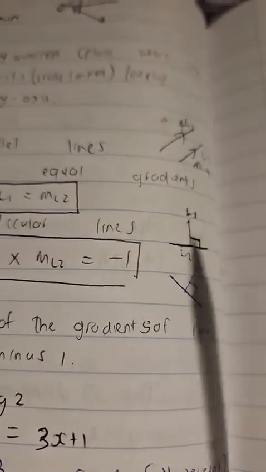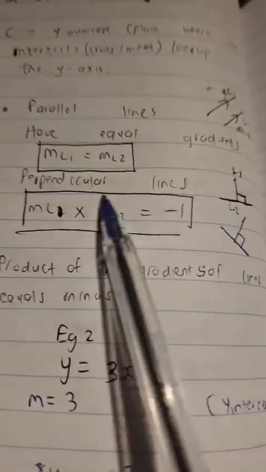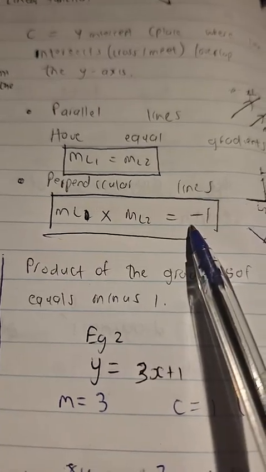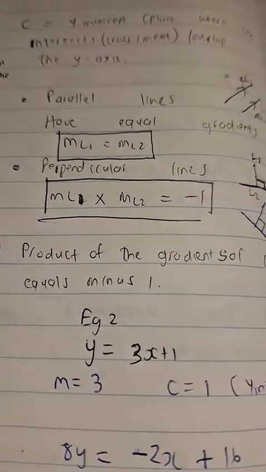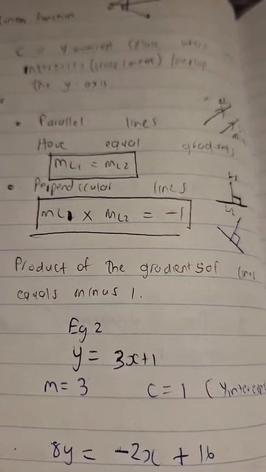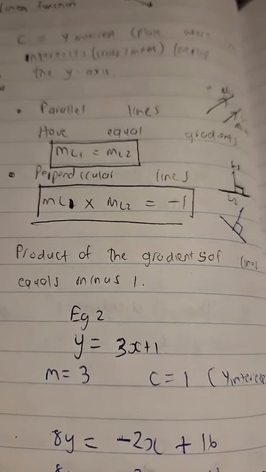So lines that are parallel will always have gradients that are the same. But for perpendicular lines, the product of the gradients should give you what? A -1. So I'm sure you want to make sure that you grasp this forever, right?